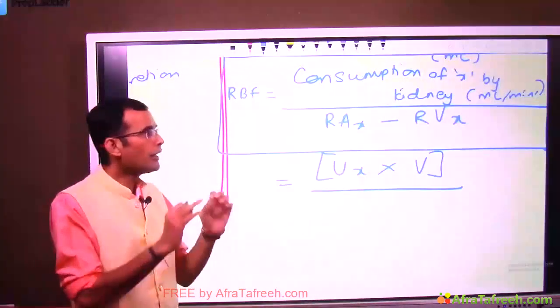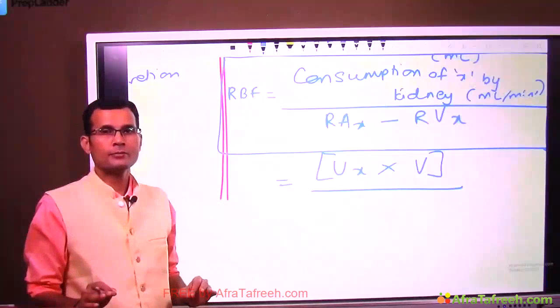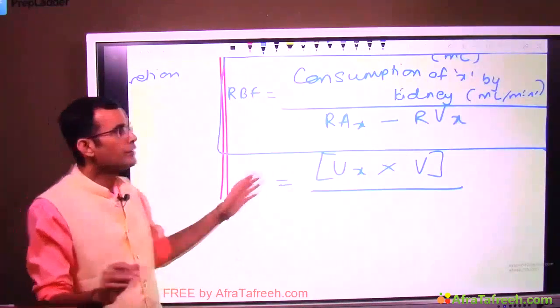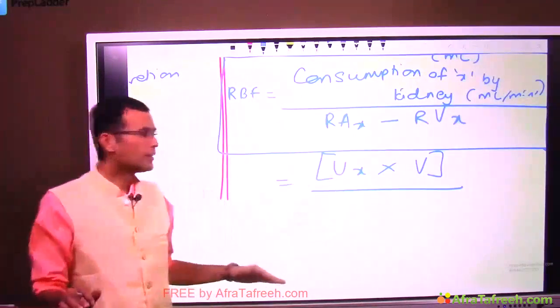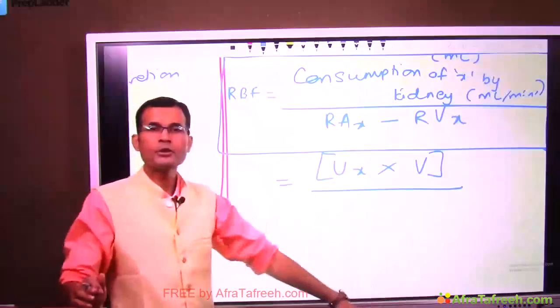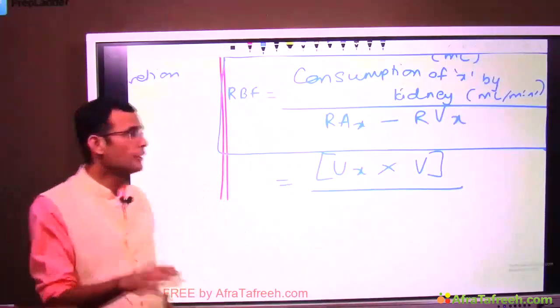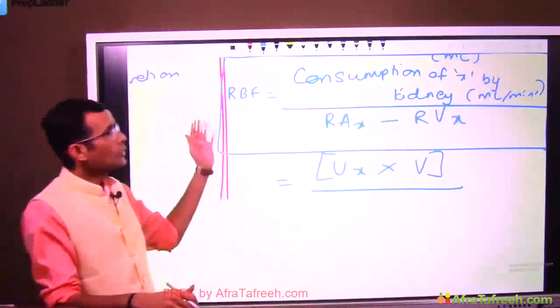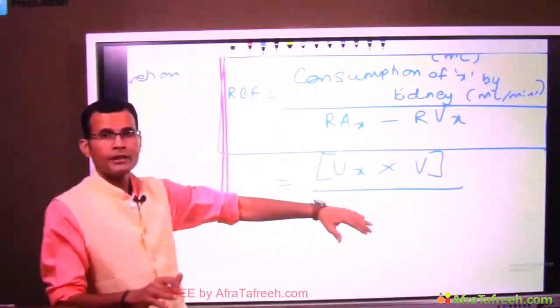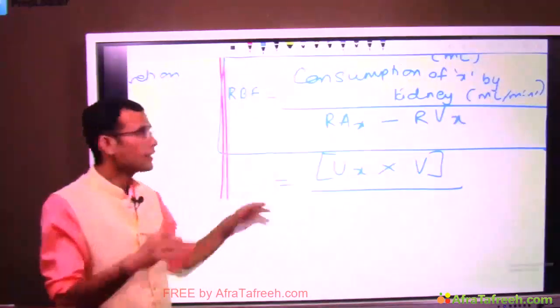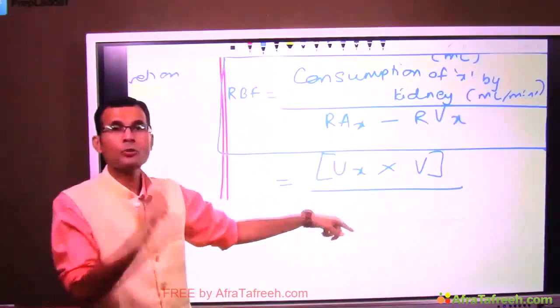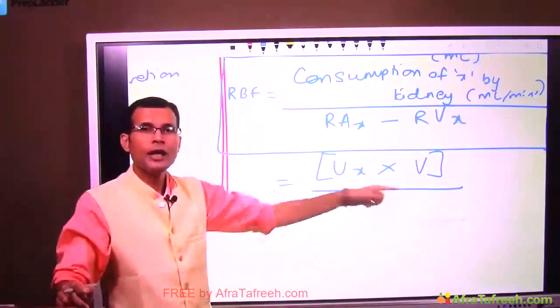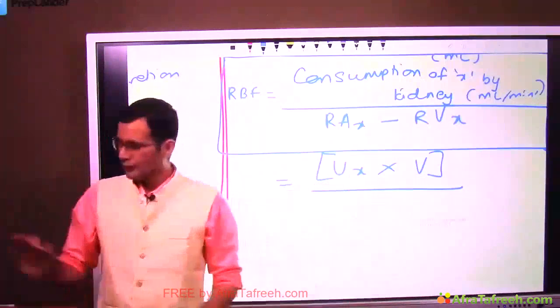That will be the total excretion rate of that substance. So the kidneys consume that substance, means they excrete it into the urine. So the total consumption of X by the kidney will be the same as its total excretion rate into the urine, and the total excretion rate is calculated like this. We have done that already.